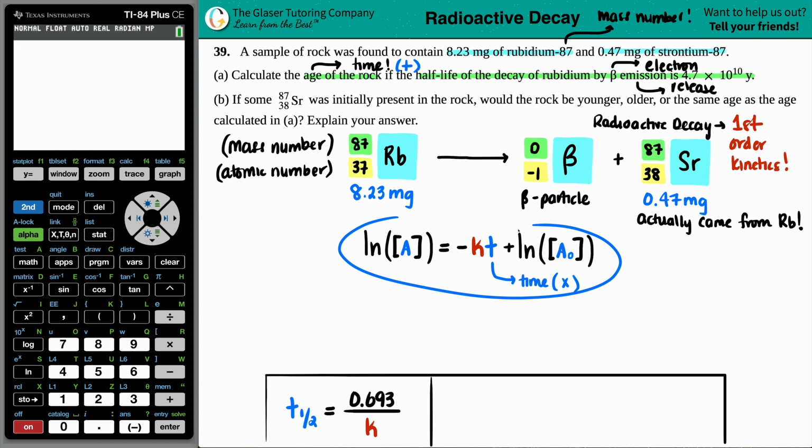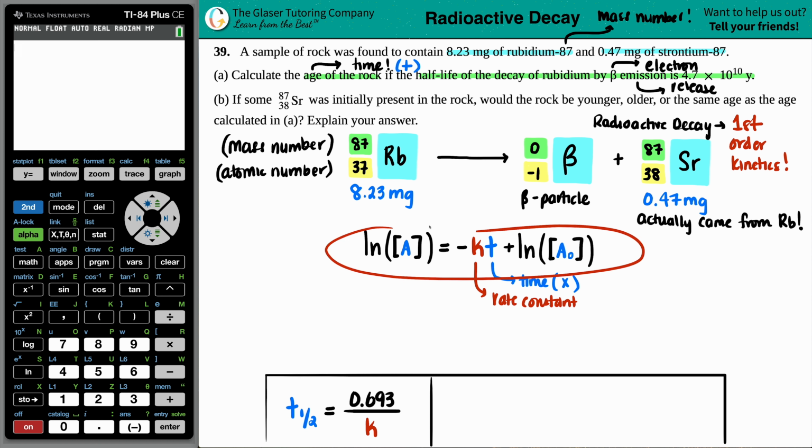But if I'm using this formula, I have to know a k value, and the k value is always the rate constant. If I read this question again, they didn't tell me anything about a rate constant. So I can't really use this formula yet because I don't have that k value. Generally, if you're using formulas, you should only have one variable.